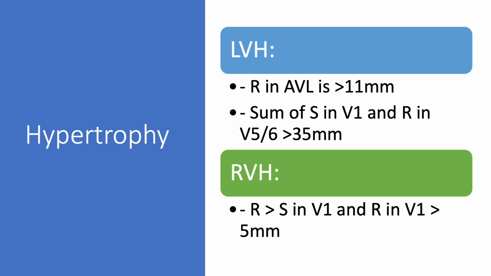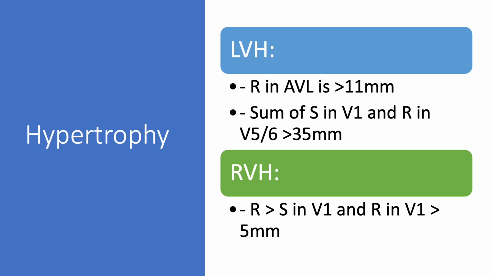So the first criterion would be if the R wave in lead AVL is greater than 11 millimeters tall. Remember, the R wave is the positive deflection in the QRS complex.